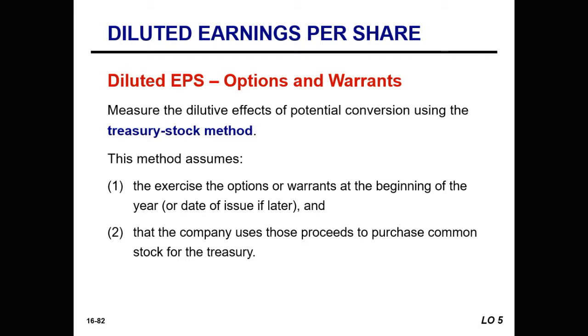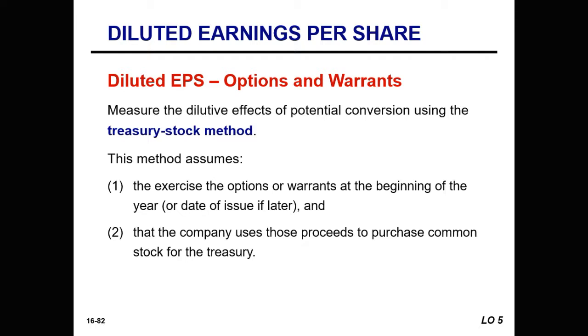If the exercise price is less than the market price of stock, dilution will occur. If the exercise price is greater than the market price, securities are anti-dilutive and can be ignored in the diluted EPS calculation. Contingent shares are included in the computation of diluted EPS.